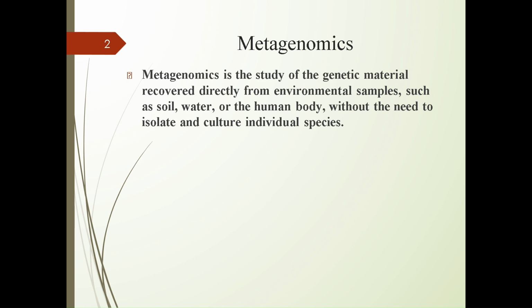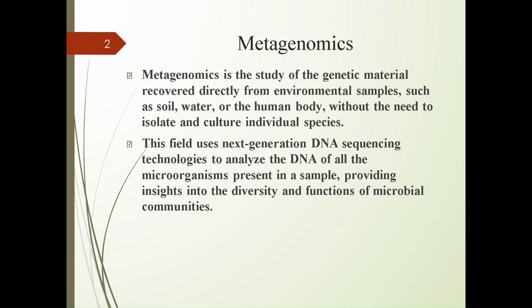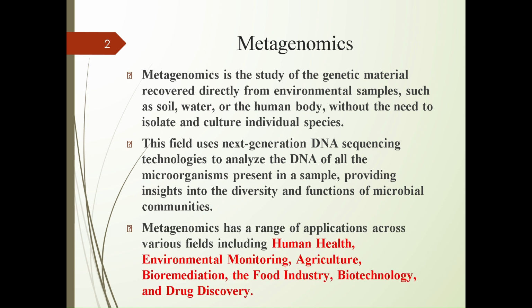Virtually any sample which contains DNA or RNA can be used for metagenomic analysis. Metagenomics uses next generation DNA sequencing technologies to analyze the DNA of all the microorganisms present in a sample, providing insight into the diversity and functions of microbial communities.